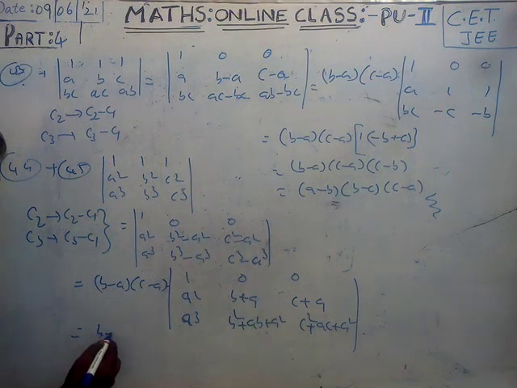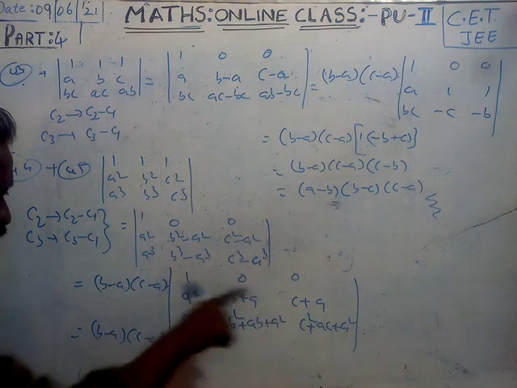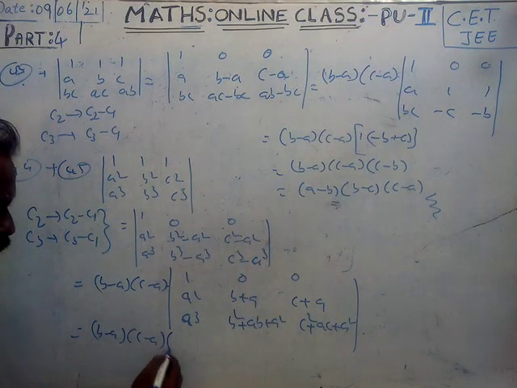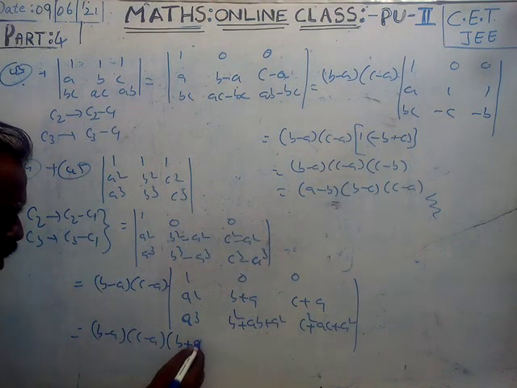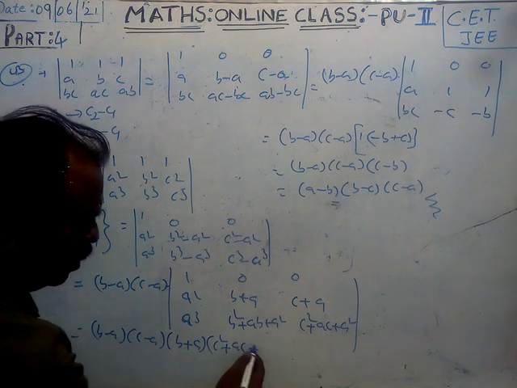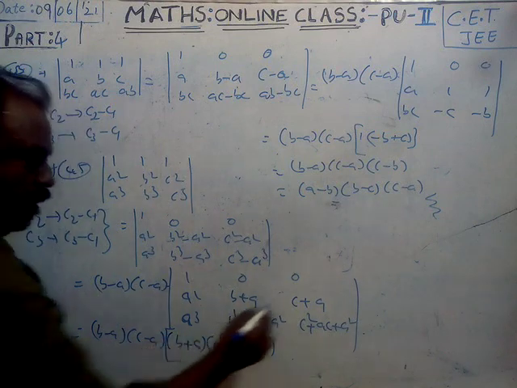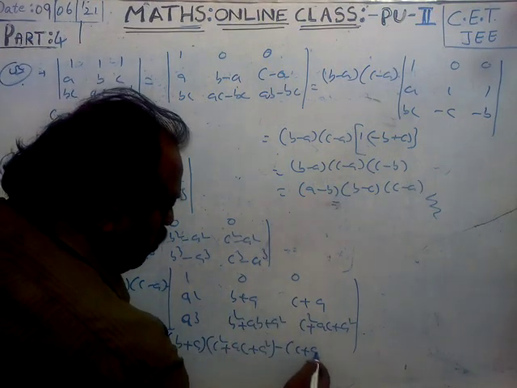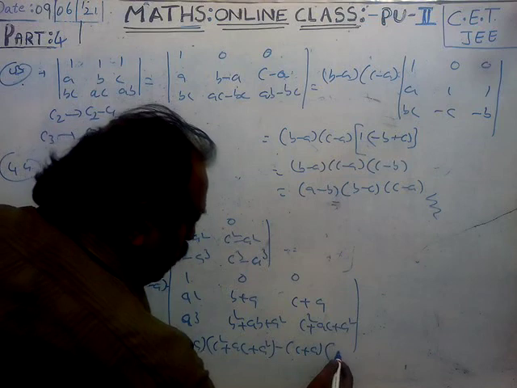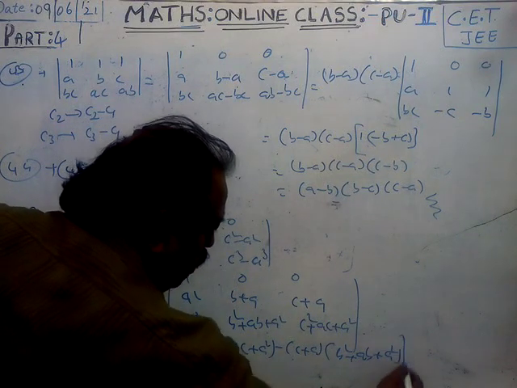So it is b minus a of c minus a, only this product is there. b plus a into c square plus ac plus a square, minus this one, c plus a into this product, the b square plus ab plus a square.